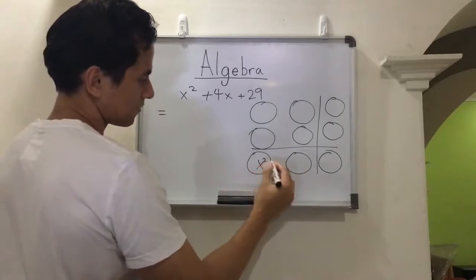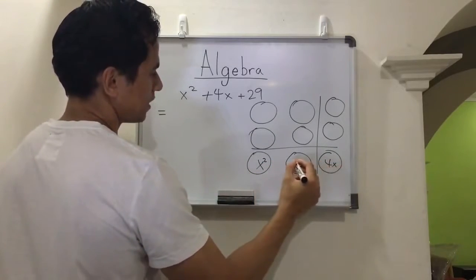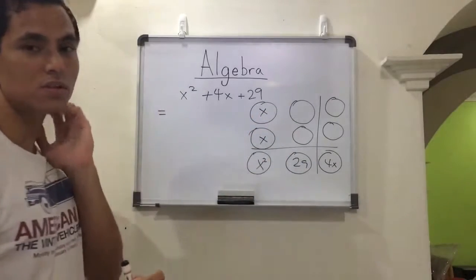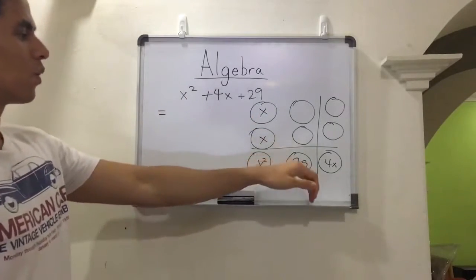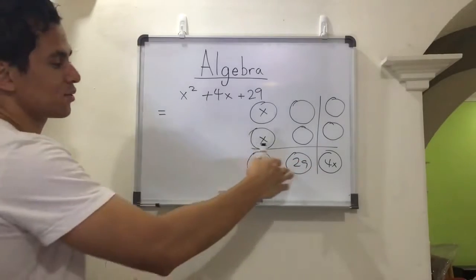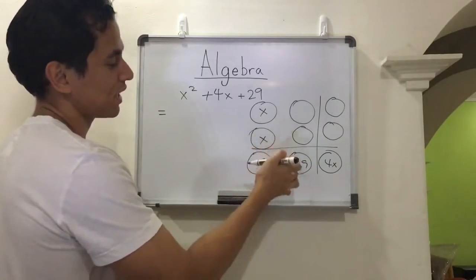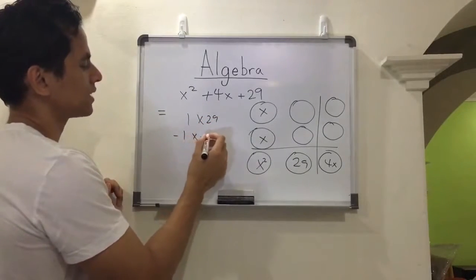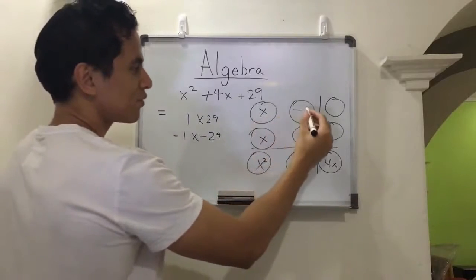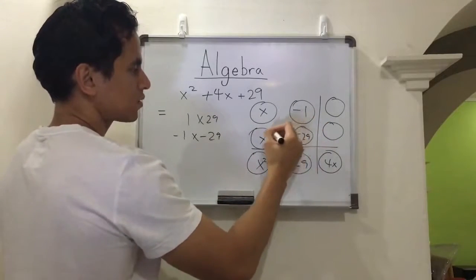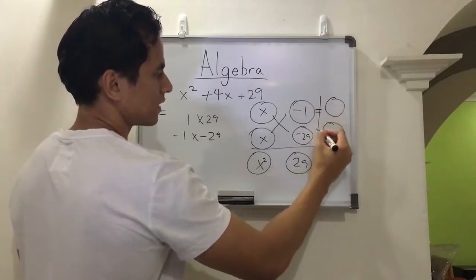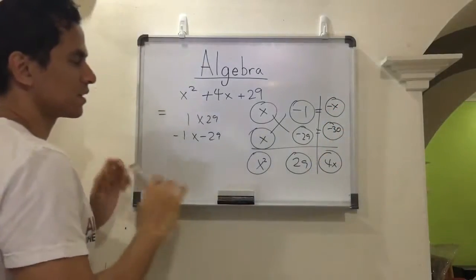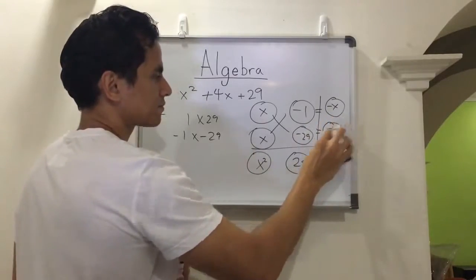So x squared, 4x, and 29. So x times x giving us x squared. Now we realize that 1 and 29, those are the only factors, the only multiples that you can use to get 29. So you can use 1 times 29 and -1 times -29. If you try putting both of them here, we're going to get -x, -30, sorry, -29.